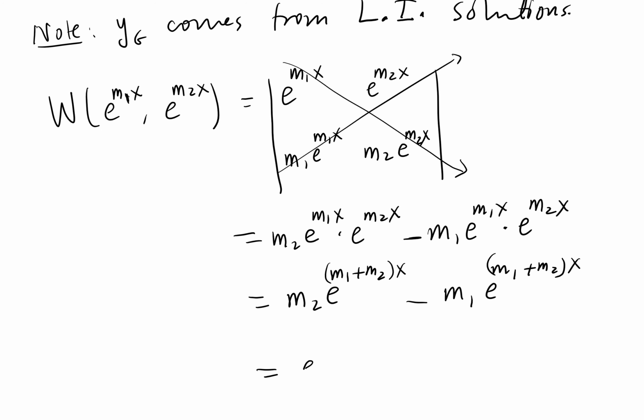We can factor e to the (m1 plus m2)x. That will leave m2 minus m1.